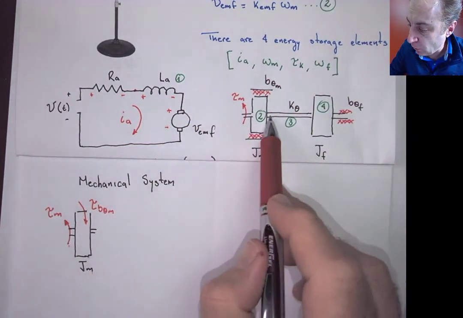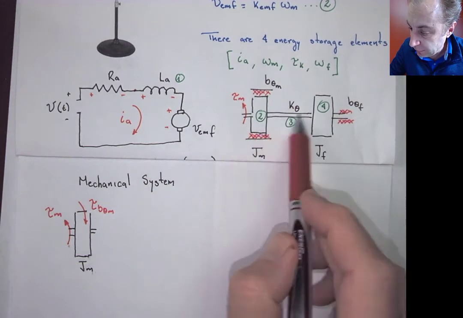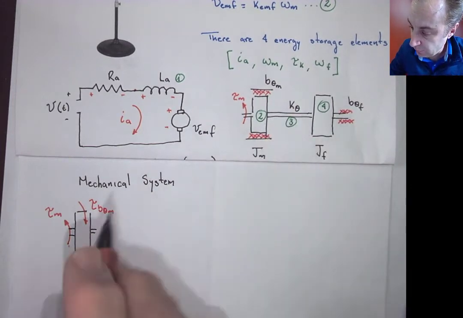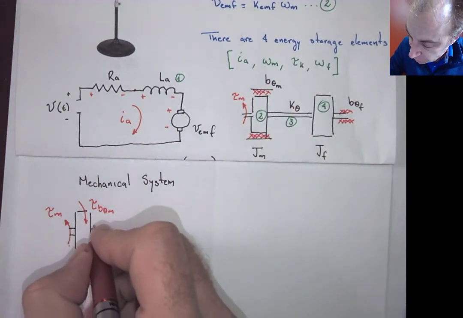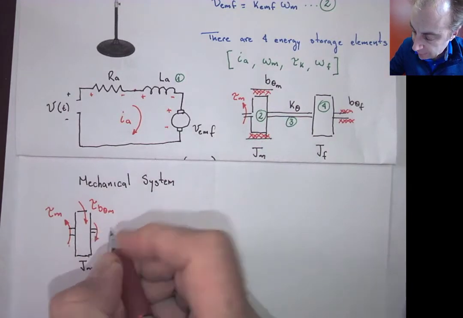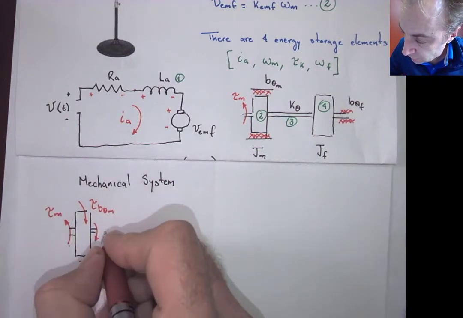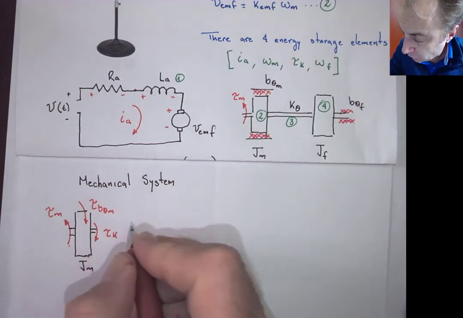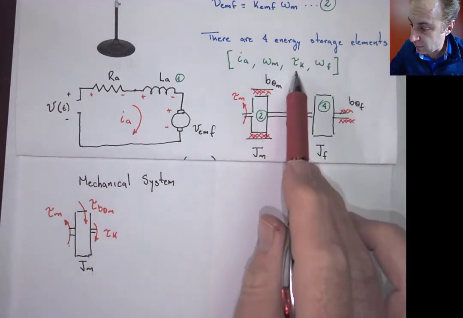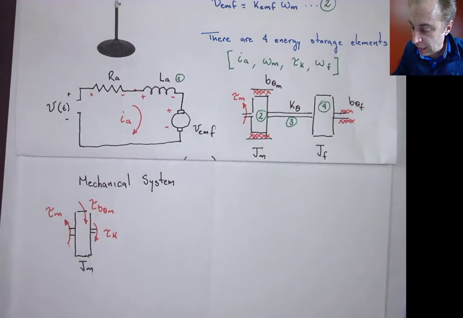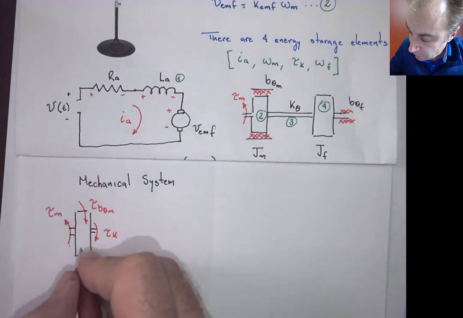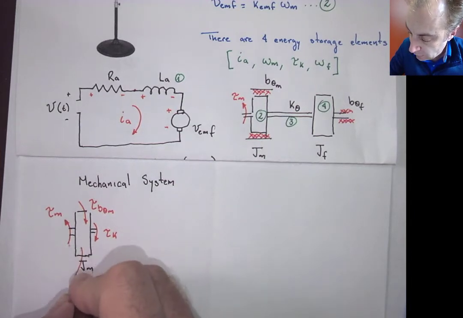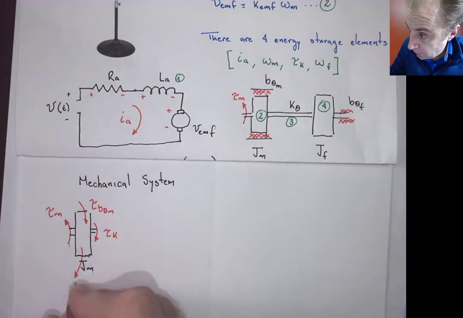Then we're going to have also the rotational spring or the flexible shaft that is also acting against this torque, and this is going to be tau k. That's how we define this variable. And we're also going to have the inertial moment, which is going to be Jm.